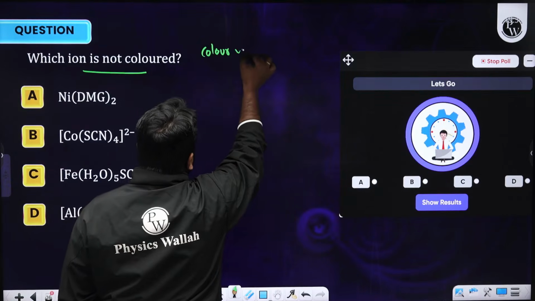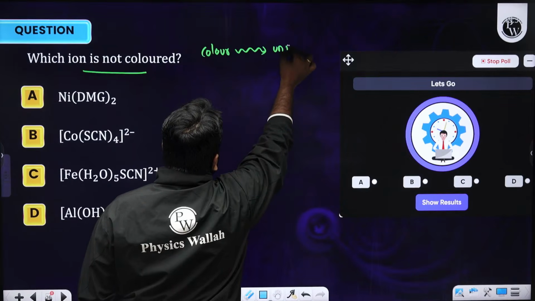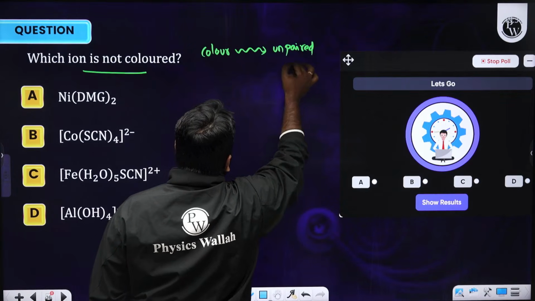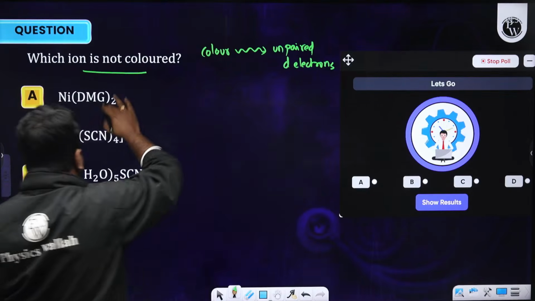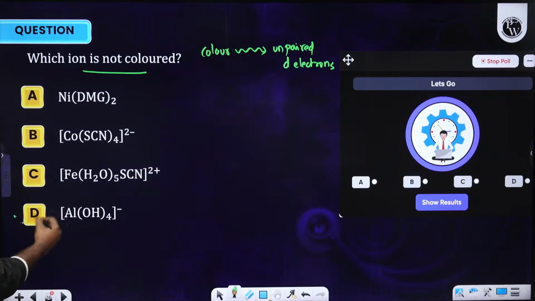To exhibit color, there should be unpaired d electrons. If you take the oxidation state, option D will be the correct answer.